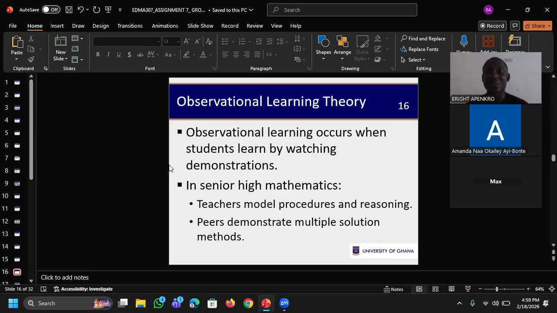So in senior high school mathematics, how do we do that? Teachers model procedure and reasoning. So teachers, you have to model the procedure and then the reasoning for the learners to participate. Peers demonstrate multiple solution methods. You will see that there are so many ways to come out with solutions to problems. If child A says I want to do this, child B also wants to use a different demonstration to arrive at the same answer.